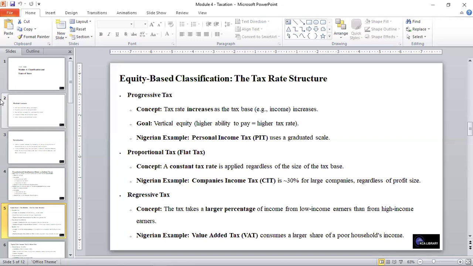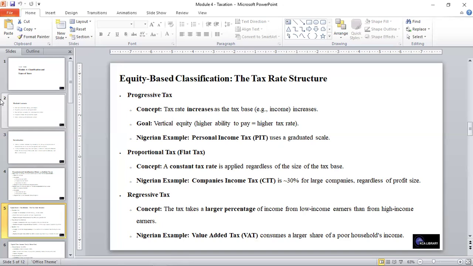So if I am earning 2,000 naira and paying 200 naira, and I now earn 10,000 naira, I may pay about 1,000 naira. So the more income I earn, the more tax I pay. The goal is to ensure vertical equity, that is, a higher ability to pay means a higher tax rate.